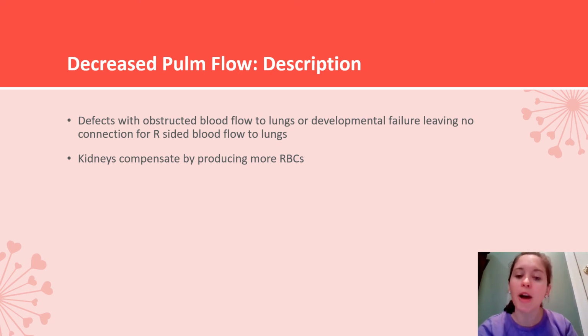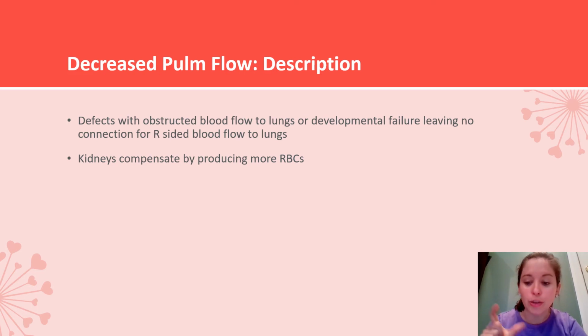But in reality, your body doesn't realize that there's a problem with the heart. Your kidneys do not realize that no matter how many red blood cells you make, if you don't fix the defect, it's not going to fix that pathway of blood flow to the lungs. So that in itself is the major problem with this category: there's an anatomical issue that's not allowing blood to flow from the right side of the heart into the lungs.